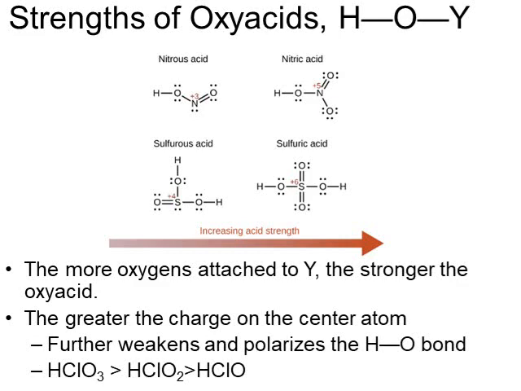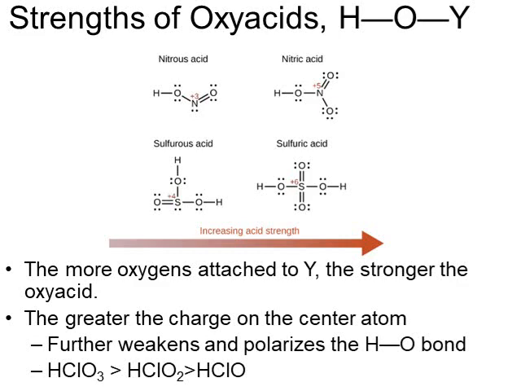Now, as we put more and more oxygens on the outside of any molecule, those oxygens are not only pulling for electrons from the hydrogen, they're also pulling for electrons off the center atom of this molecule. So you can see the more oxygens we have, the greater the positive charge on that atom becomes.